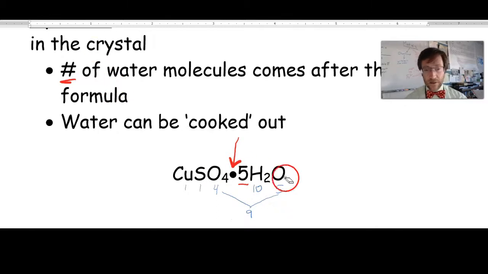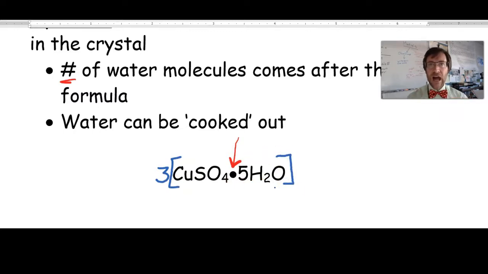And something else that's going to be a little bit trippy: if we add a coefficient to the front, like let's make it 3, that means there are 3 of the entire hydrate, okay? Not just copper sulfate, it is 3 copper sulfate pentahydrate. Okay? Keep that in mind.